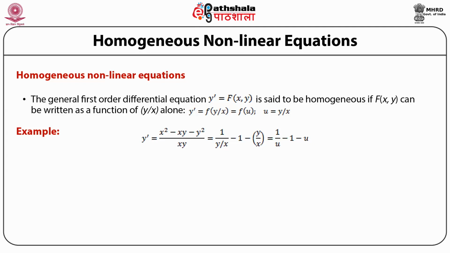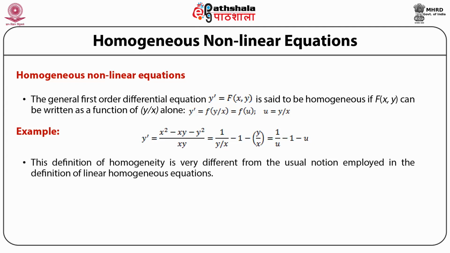This equation is a homogeneous equation. This definition of homogeneity is very different from the usual notion which we employed in the definition of linear homogeneous equations. We employ this notion of homogeneity only in this section.